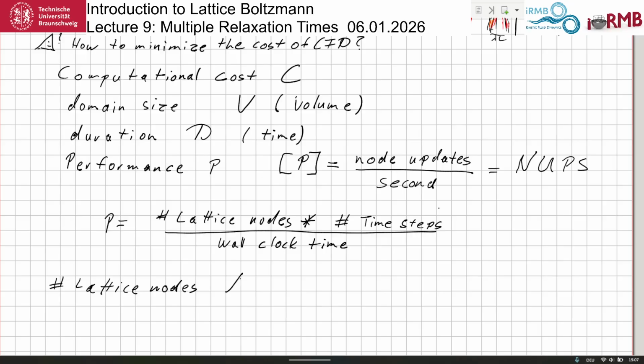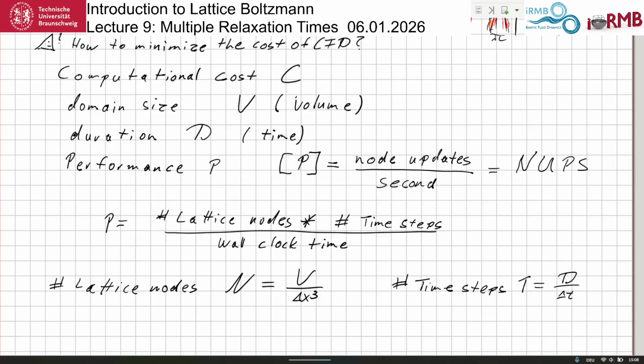The number of lattice nodes, we call it n, is equal to the volume divided by the grid spacing cubed, obviously. And the number of time steps, we call it t, and we define this as the duration of our simulation divided by the time step.